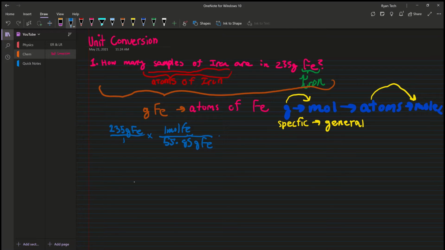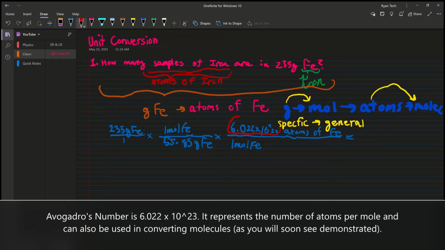Then, for every mole of iron, there are 6.022 times 10 to the 23 atoms of iron. Now you're probably wondering why it is 6.022 times 10 to the 23.